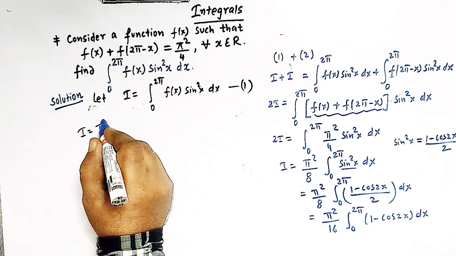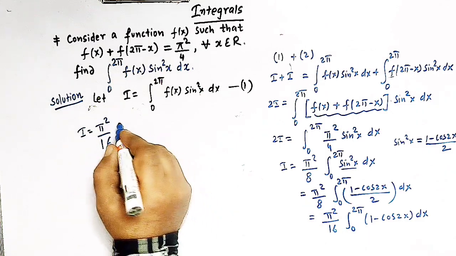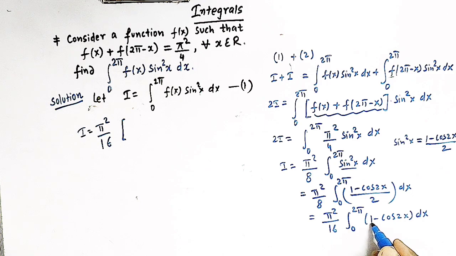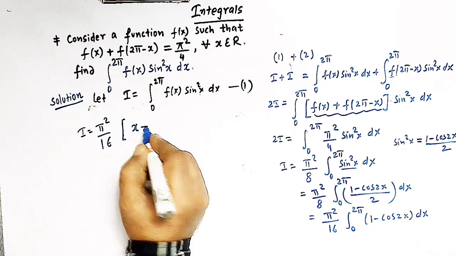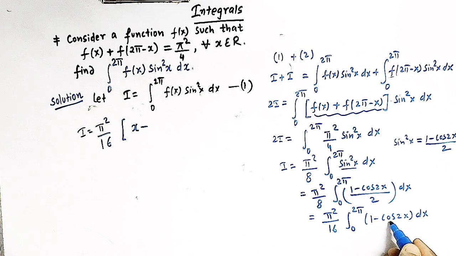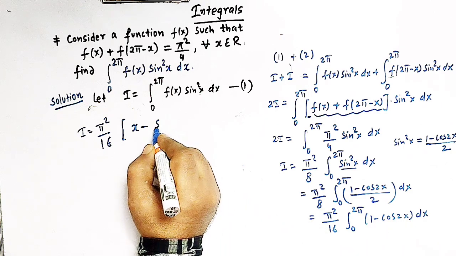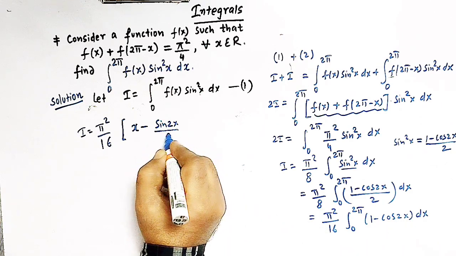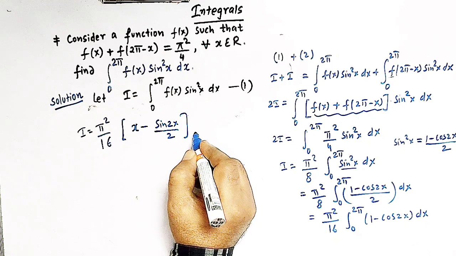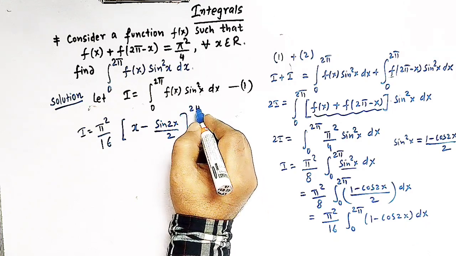So now we can easily integrate 1 minus cos 2x. So we have here pi square over 16, and the integral of dx is x. So here we have x, and the integral of cos 2x is sine 2x divided by 2, and the limits are from 0 to 2 pi.